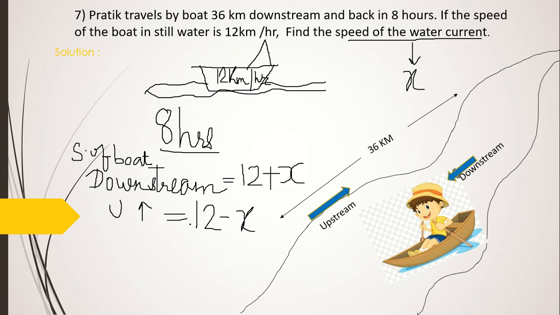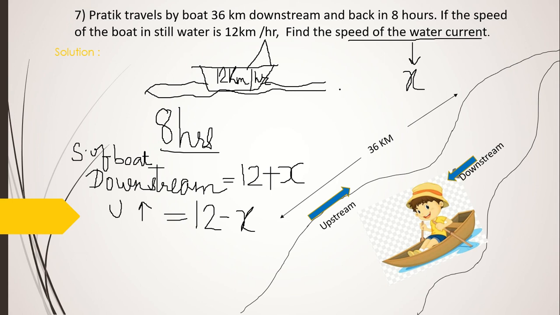So 12 has to always be greater than x, otherwise the boat will not be able to go upstream. Water will just take it along with it. So this is the speed of the boat upstream. Speed will decrease upstream because it is going against the flow.